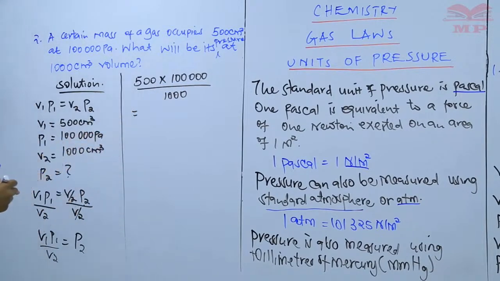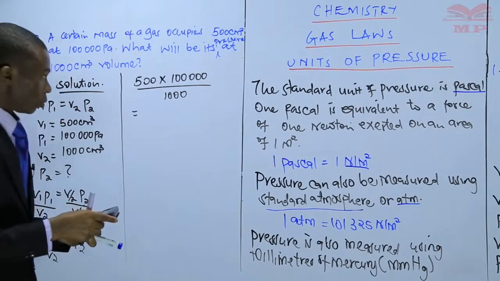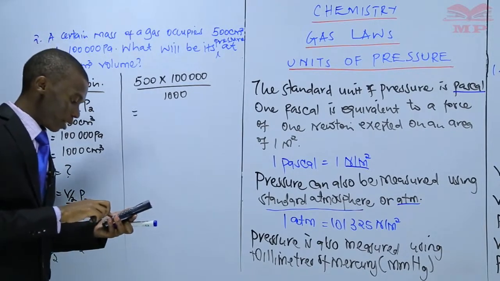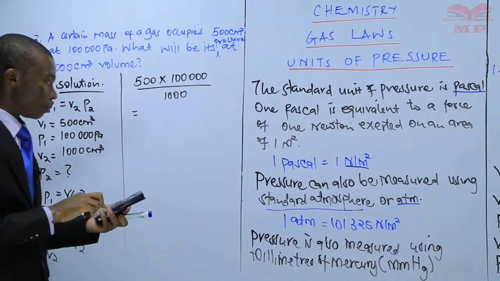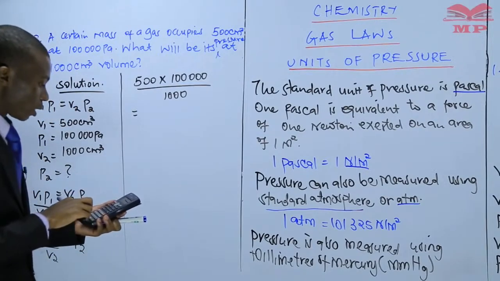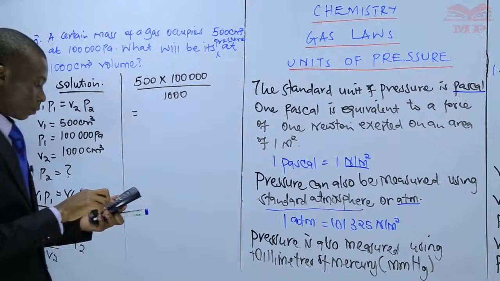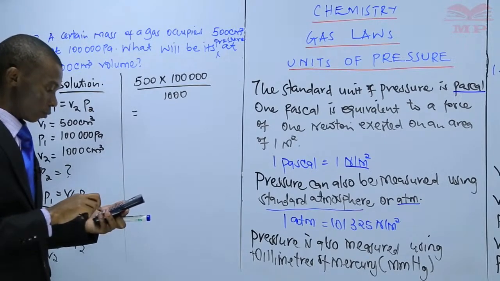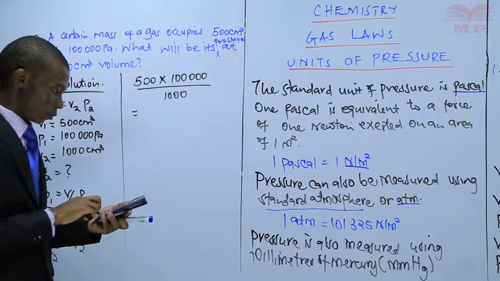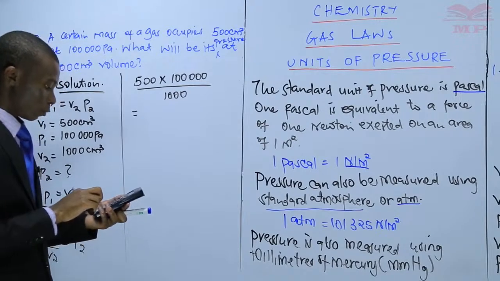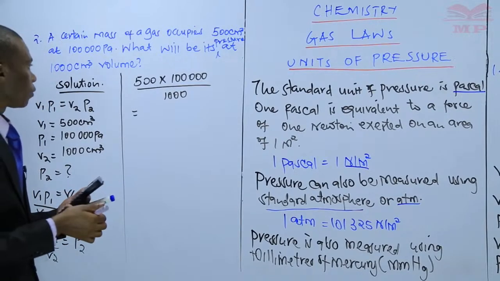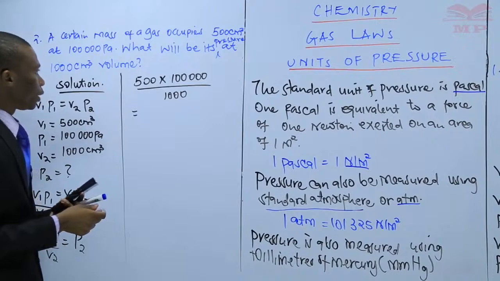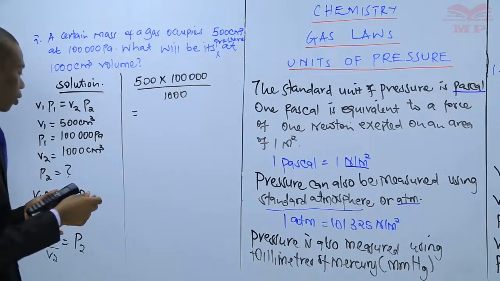Therefore, if you do the calculation using your calculator, that is 500 times 100,000. That gives you 50 million.